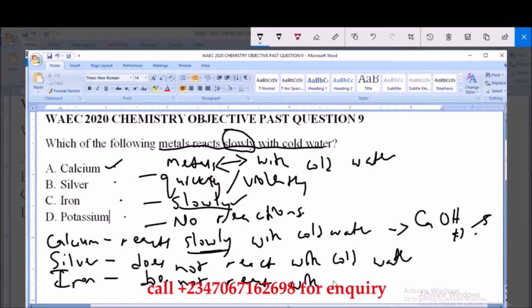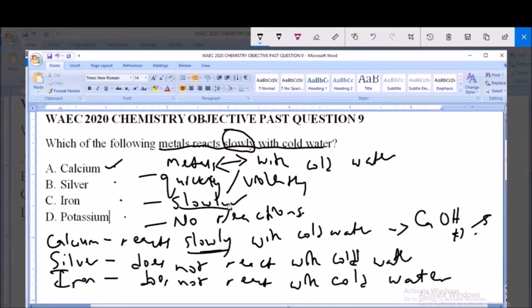So silver and iron do not react with cold water. Then potassium reacts rapidly or quickly, which is the first scenario, with cold water.